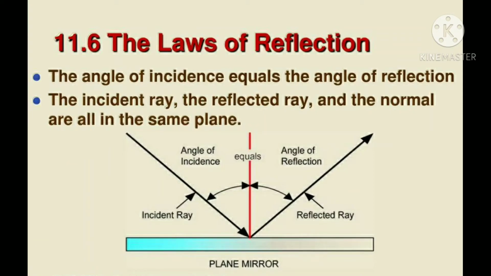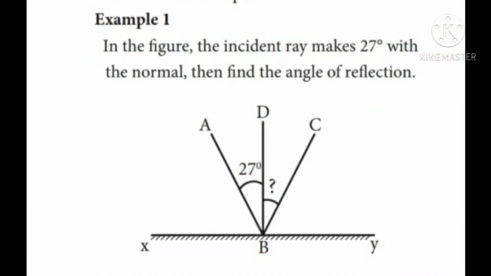From the laws of reflection, we get numerical problems, and the numerical problem will be like this. You may be asked to find one of the angles given in the figure. For example, in the figure, the incident ray makes 27 degrees with the normal. Then find the angle of reflection.